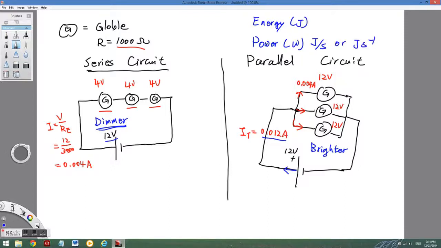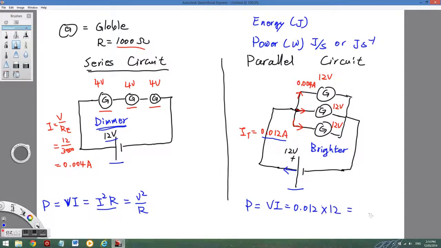If I try to calculate, the power equals VI, or I squared R, or V squared over R. If you're going to calculate the power from the power source, we need to use the total current. It's going to be 0.144 watts.